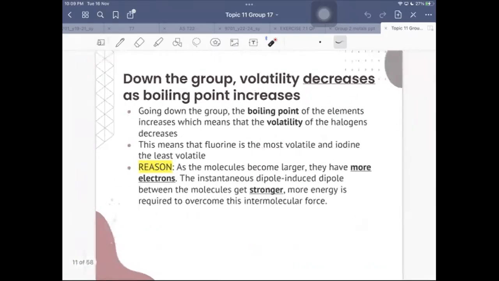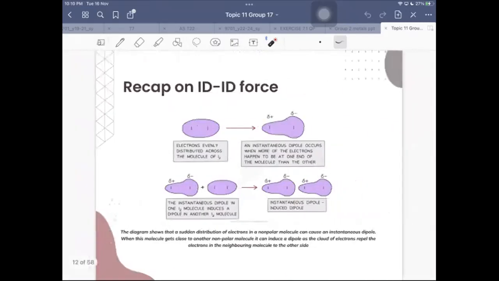And if you still remember from topic 3, one of the factors that affect the strength of your ID force is the number of electrons. So you would imagine as you go down the group, you have a bigger number of electrons, therefore your ID force gets stronger, hence you need a lot of energy to break the ID force between the molecules. That is the reason why volatility decreases as you go down the group.